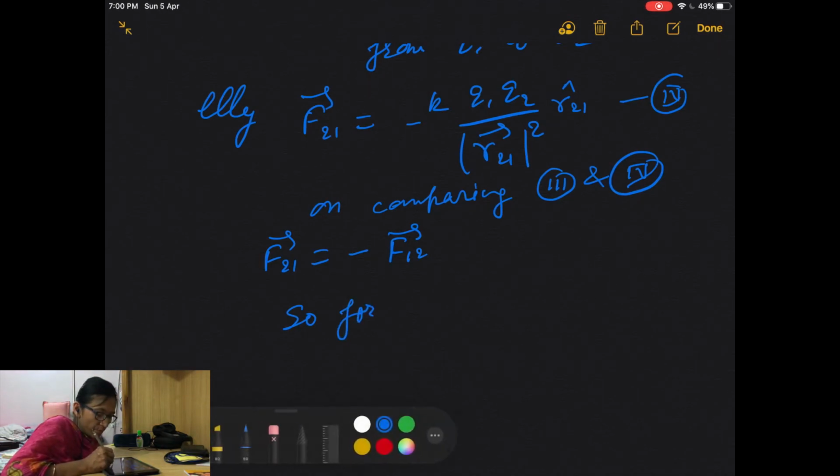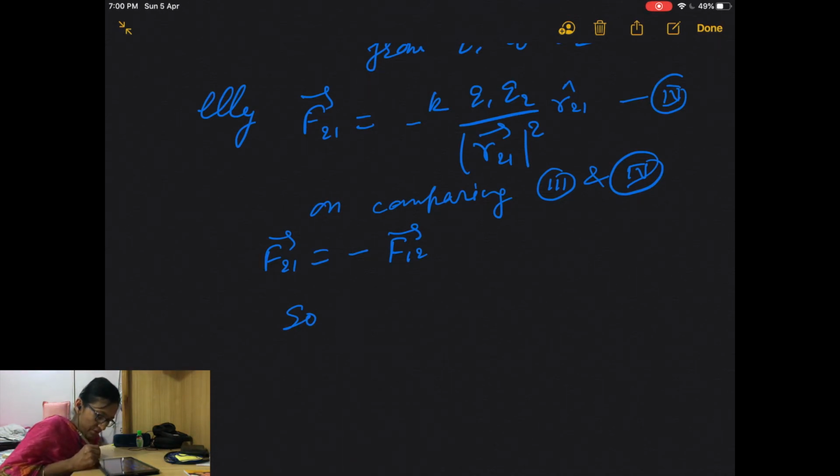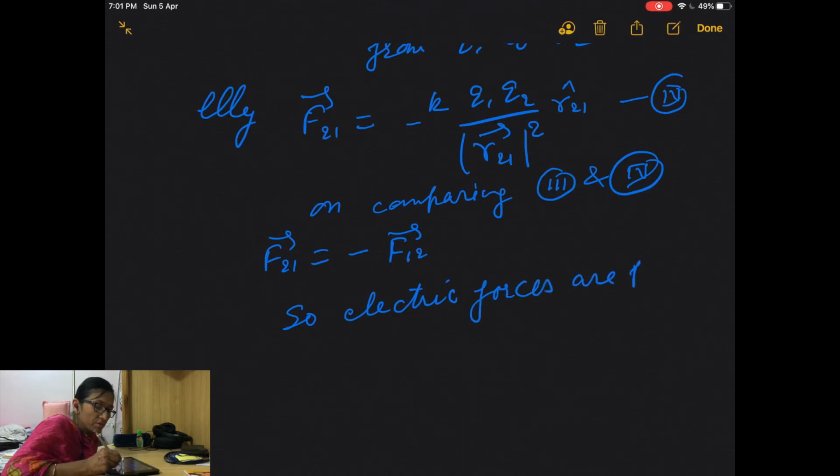So electric forces are produced in pairs.